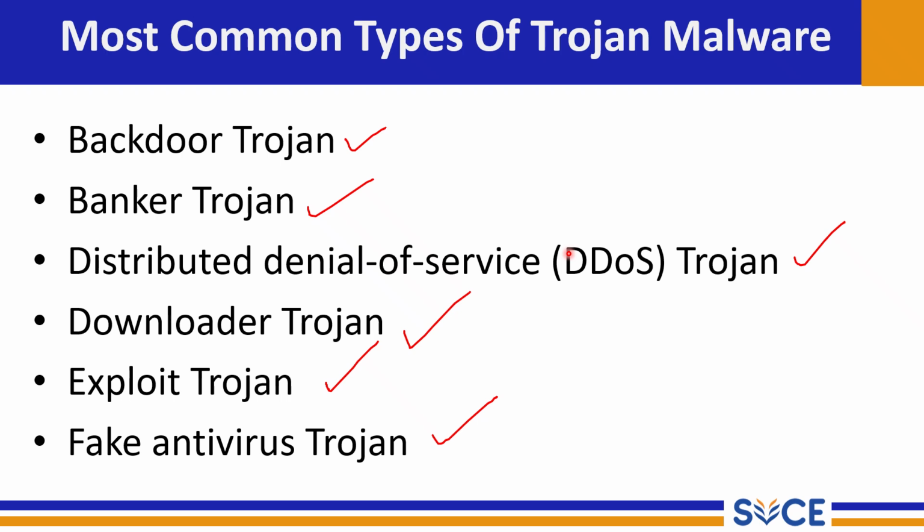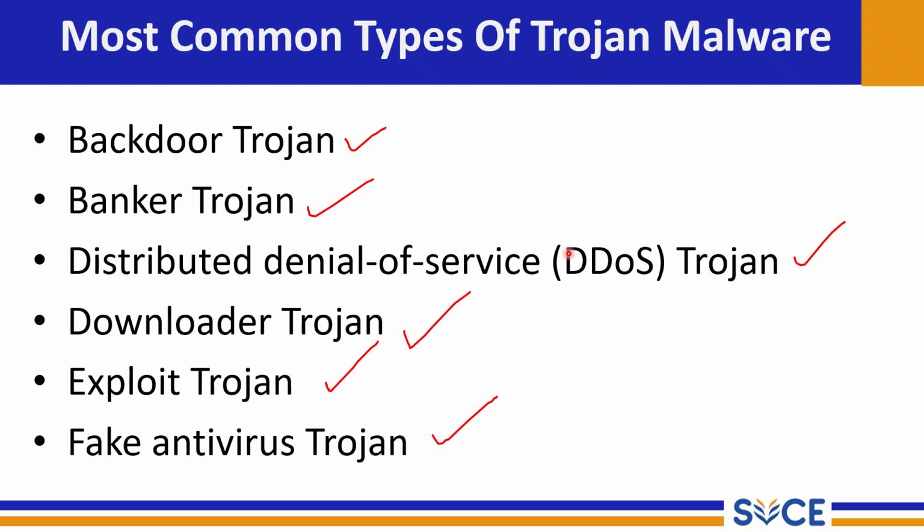Next one, the remote access Trojan. Similar to a backdoor Trojan, this strand of malware gives the attacker full control of a user's computer. The cyber criminal maintains access to the device through a remote network connection, which they use to steal information or spy on a user.